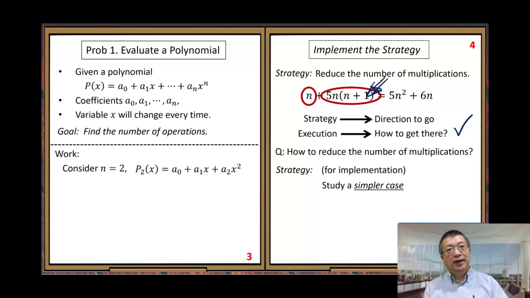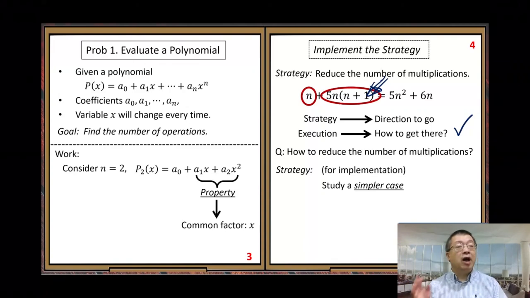Now let us try to make a close observation here. Look at the last two terms. Can you see any special property here? Look at the a1x plus a2x squared. Can you find some special property between these two terms?